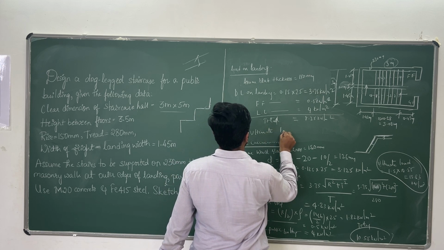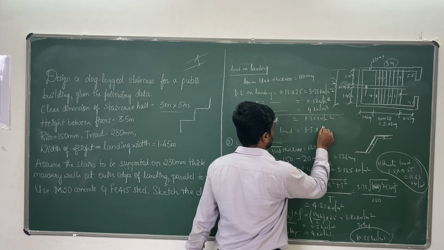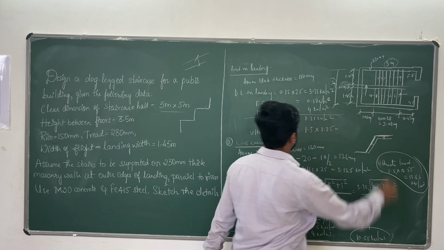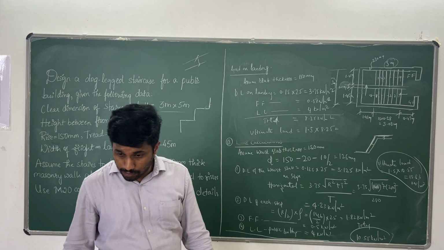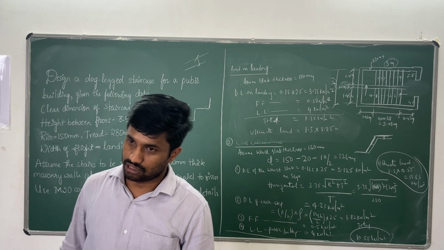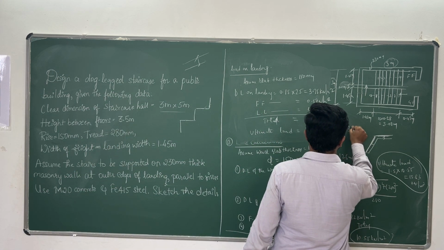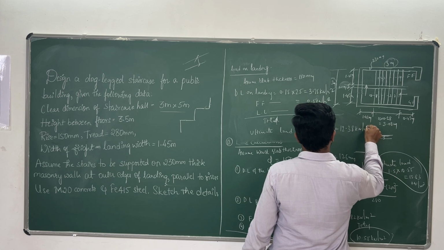What is the ultimate landing load? 1.5 multiplied by working load 8.25. How much? 12.375, which means 12.38 kilonewton per meter square.